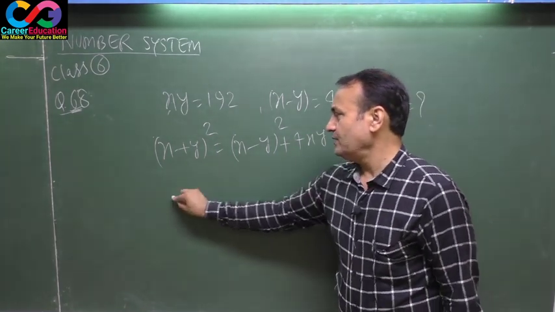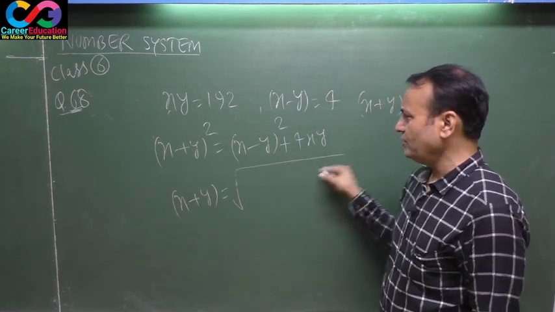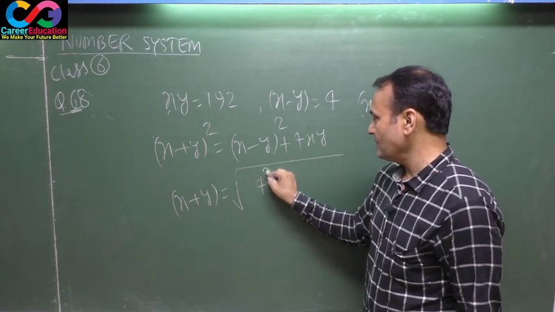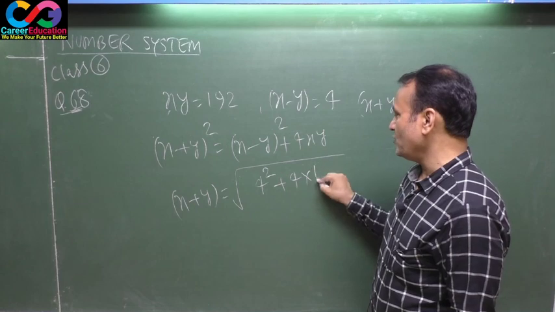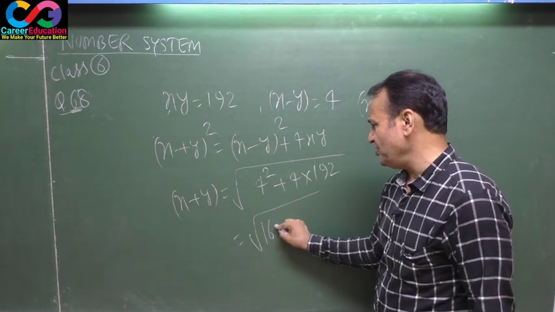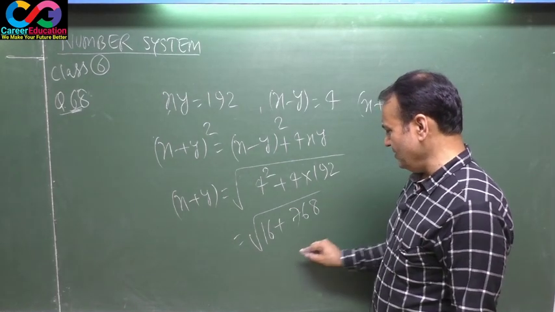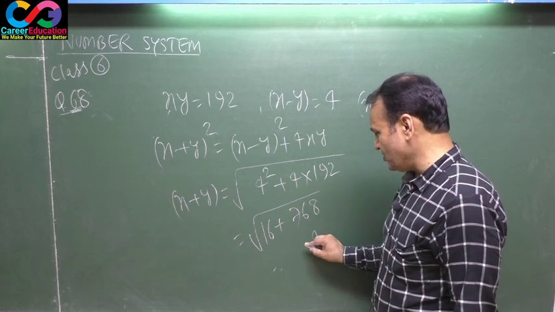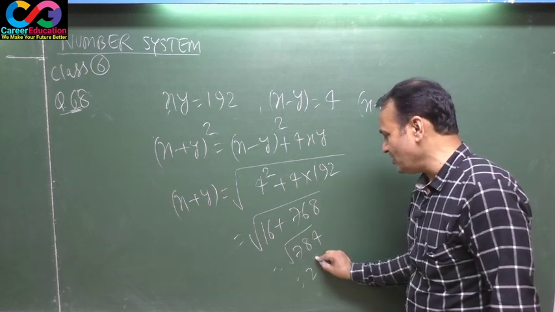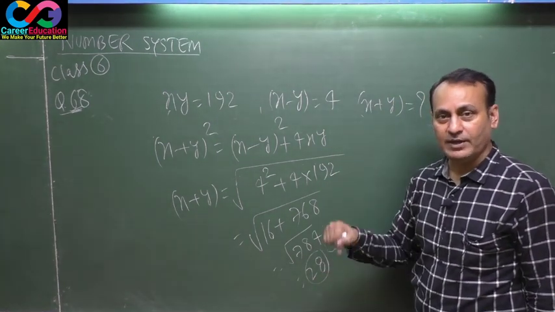That means x plus y equals under root of (x minus y) square plus 4 into xy. That means under root 16 plus 48, which is under root 784, and after solution this is only 28. Thus you got the answer through the formula to be applied here.